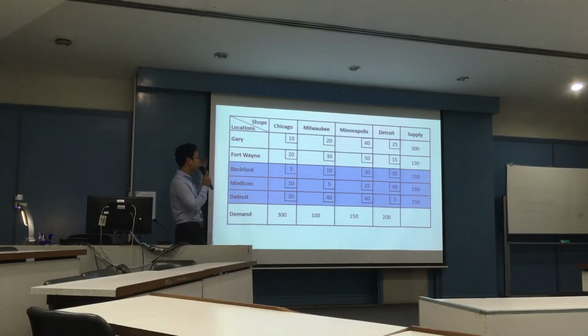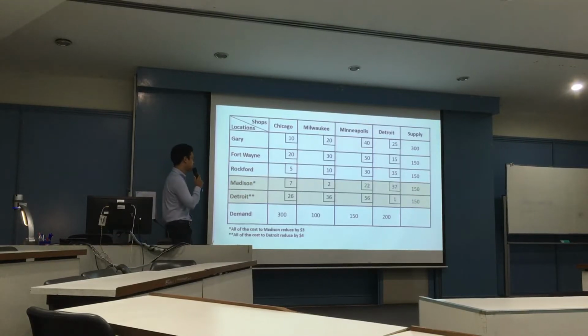The company has to decide which 2 of the 3 locations can produce at the lowest cost: Rockford, Madison, and Detroit. Now let's consider another factor.